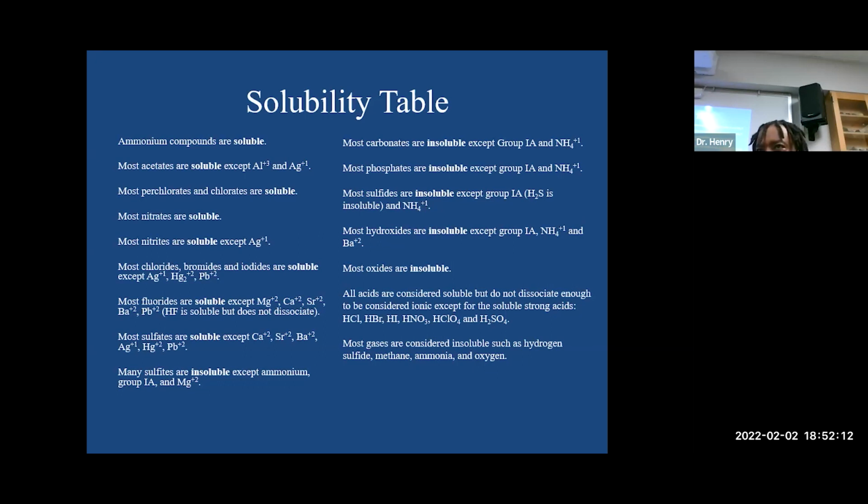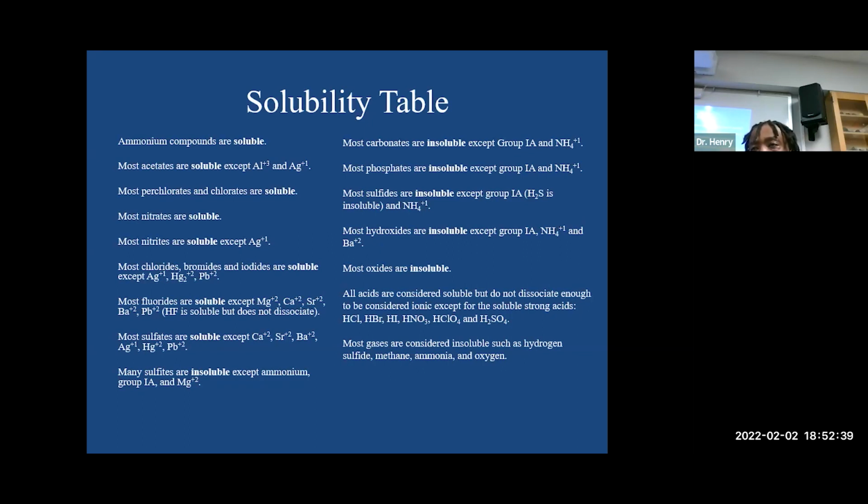Ammonium compounds are going to always be soluble. So if you guys take a look on your packet, the table, and you look at ammonium, they're going to always have green, if I remember correctly, right? Okay. Acetates are soluble except when they're with aluminum and silver.